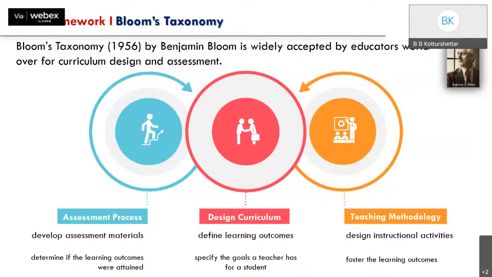It involves developing assessment materials which will determine if the learning outcomes were attained. So what we design, what we deliver, what we assess, all three things are very well known both to the teacher and to the taught. They need to be in perfect alignment, and this is assured when we adopt Bloom's taxonomy.